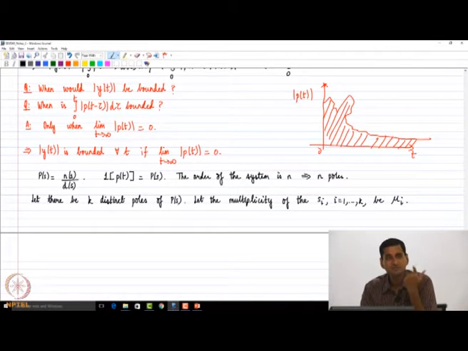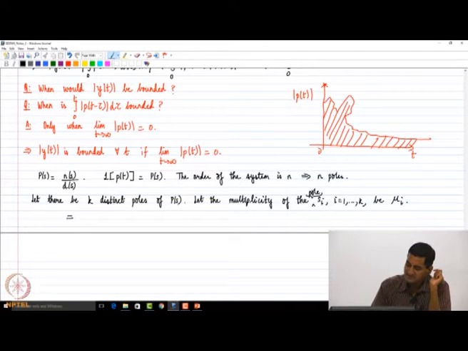We are just doing the generic case. Let there be k distinct poles, k being less than or equal to n, and let the multiplicity of the pole s_i be mu_i. What is meant by multiplicity? The number of times it repeats. If it is non-repeating, the multiplicity is 1.